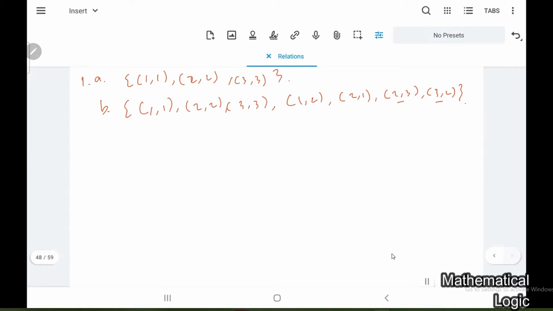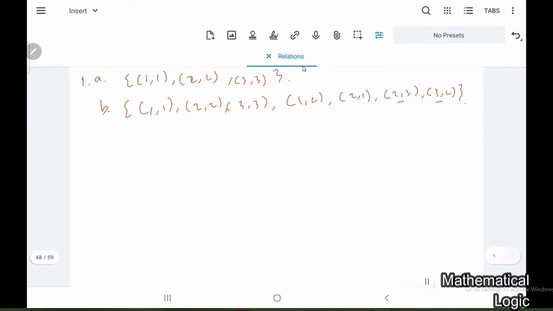Okay, there is a question here. Basically it depends on what kind of relation you want to build. If it satisfies the requirements, then it will be okay.